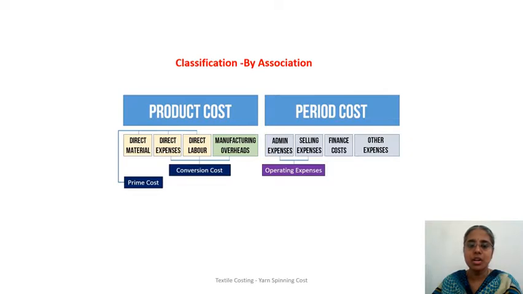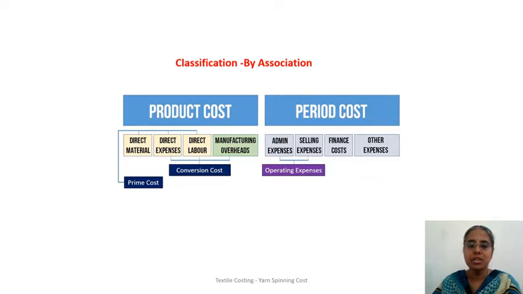Leaving away the direct material alone, the direct expenses, the direct labor and manufacturing overhead together constitute the conversion cost. This we have seen already in the basics of costing, the classification by association with the product as product and period cost. So this conversion cost is the one which is under our control.